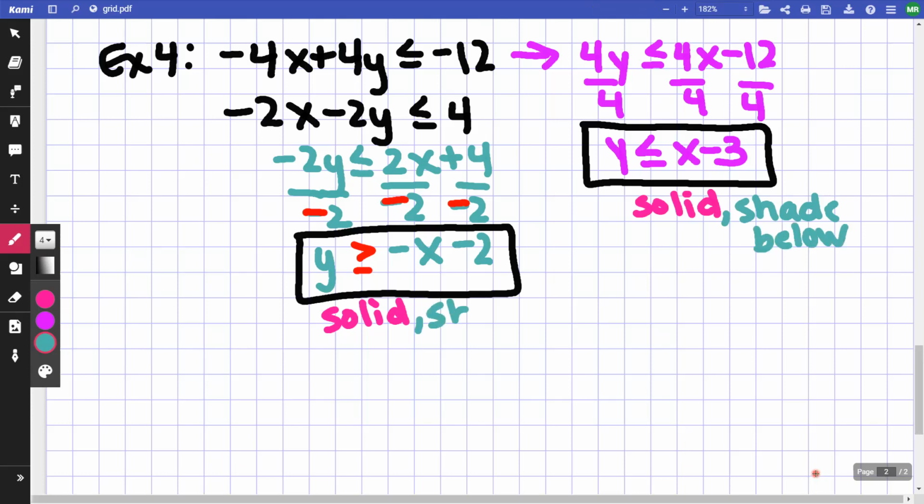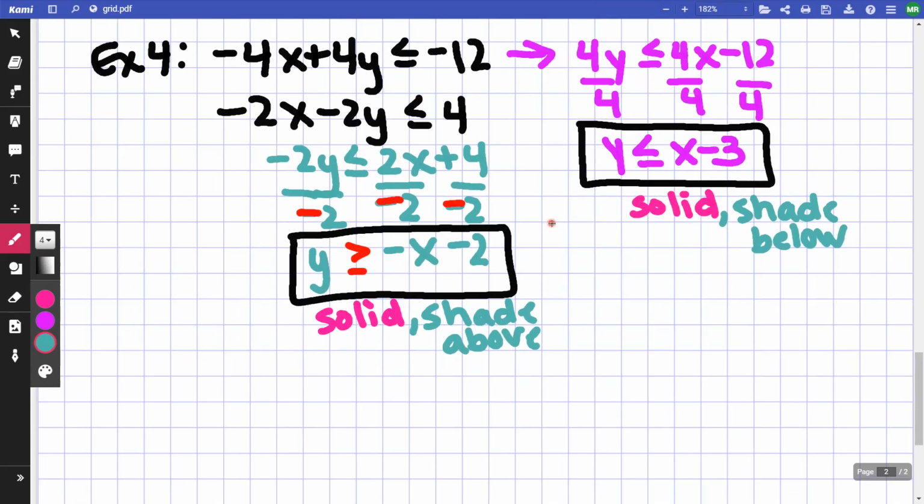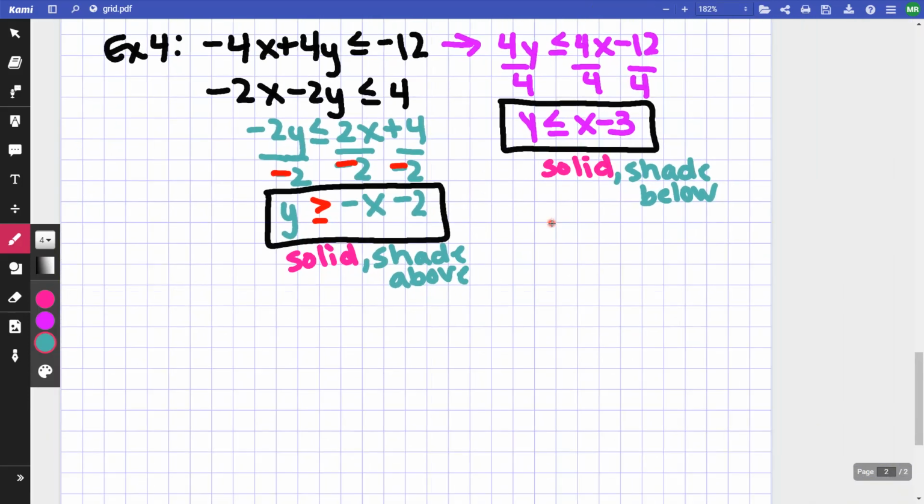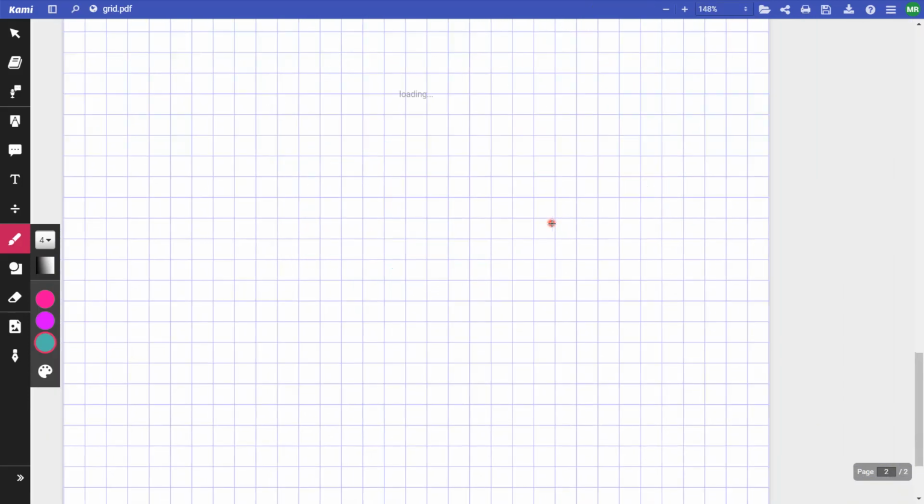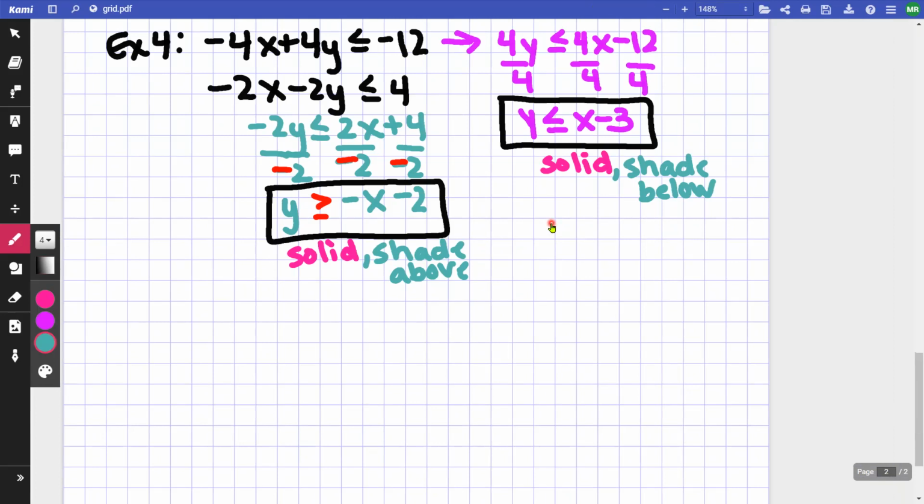And this one I'm going to shade above. Now notice that in this situation, my second one, which started out as a less than, ended up being a greater than. So don't decide whether you're going to shade above or below until you isolate your y, get your y by itself.